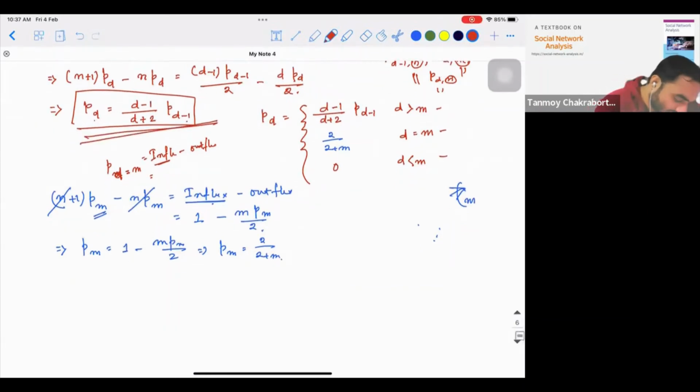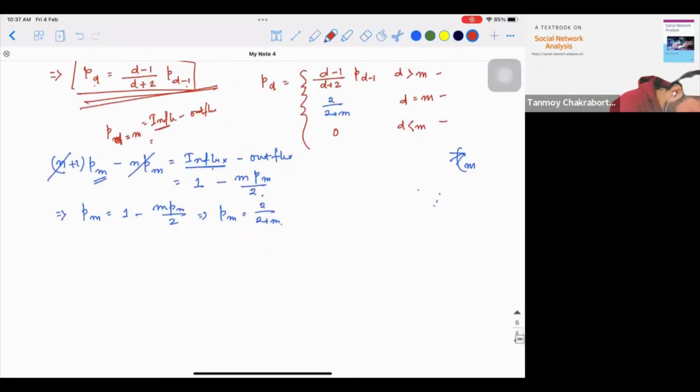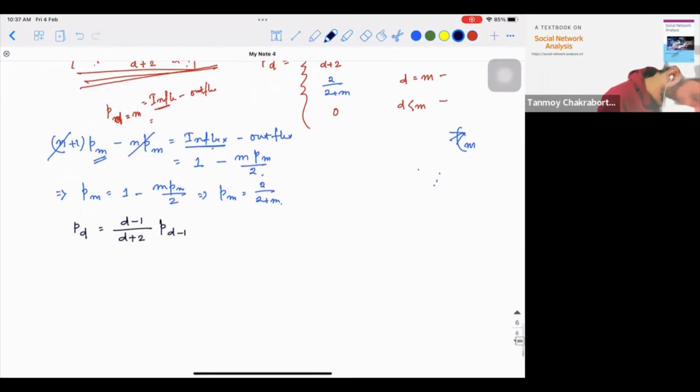Okay. So let's unfold it now. So PD equals (d minus 1) by (d plus 2) PD minus 1. Okay. So I'm replacing now. So PD minus 1 would be what? Tell me. (d minus 2) by (d plus 1) P of (d minus 2).